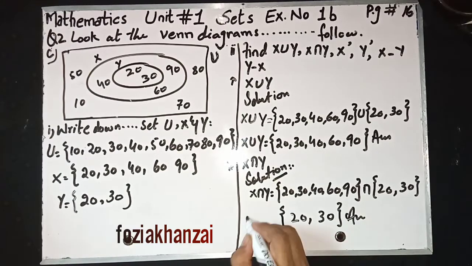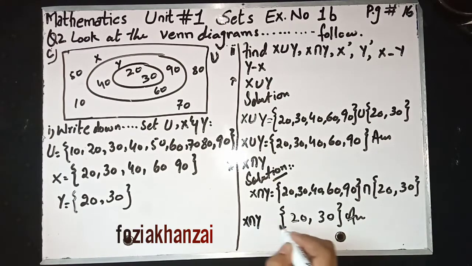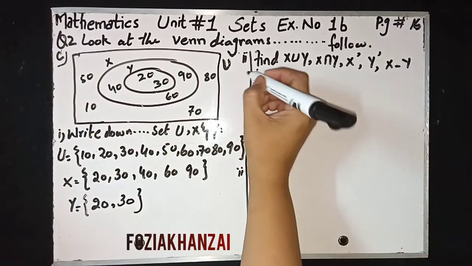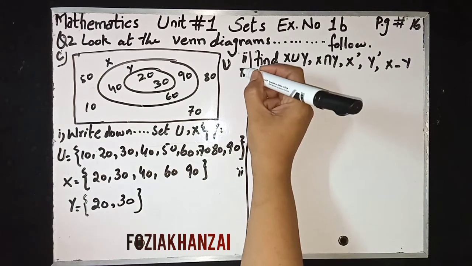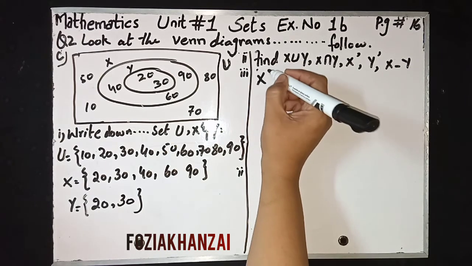X intersection Y would be the answer of the second part. Part 3, X complement.